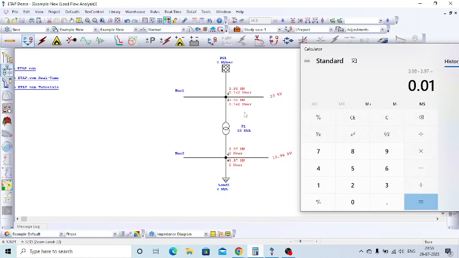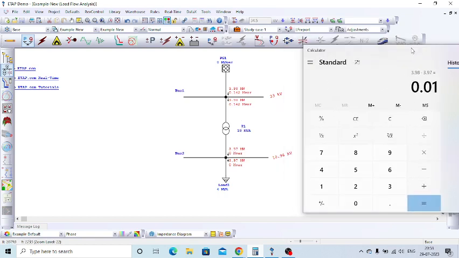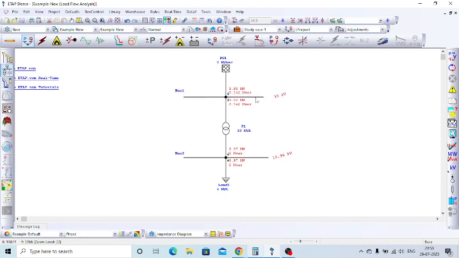The difference is the power loss. As we know, every equipment has some power loss due to the internal impedance. That is the loss due to the resistance components in the transformer. So 10 kilowatt is the overall loss in this transformer. And this 33 kV is the primary bus voltage.